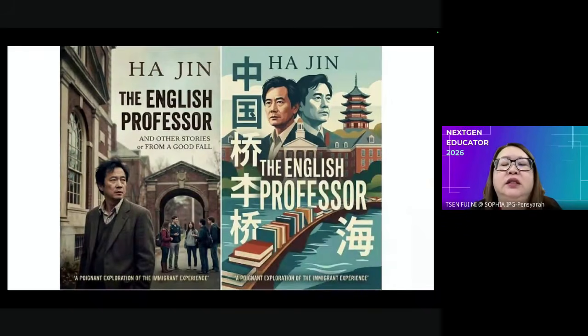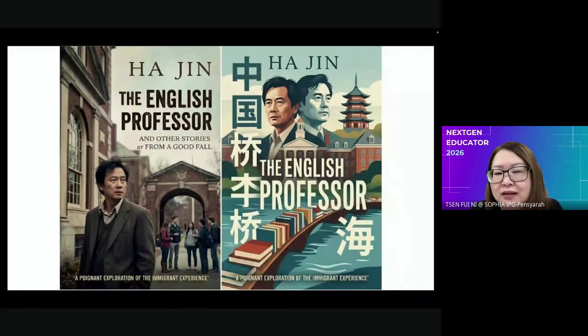I didn't put in the Chinese words, but the story of the English professor is about a professor who went to the United States to become an English professor. That is why the second book cover has some Chinese words. It is not done by me, but generated based on the prompt that you feed Gemini. So this is an example for the English professor.